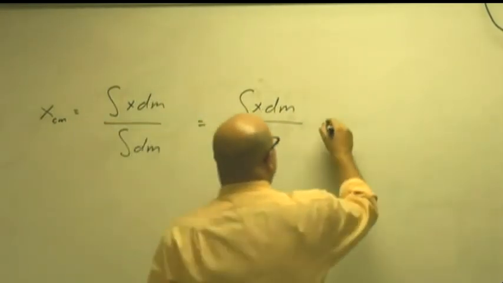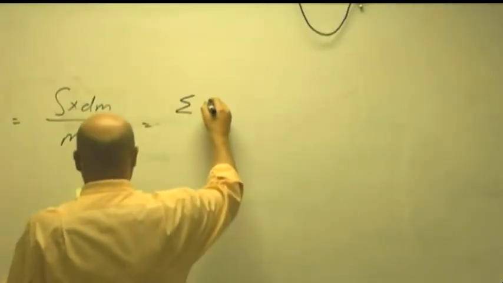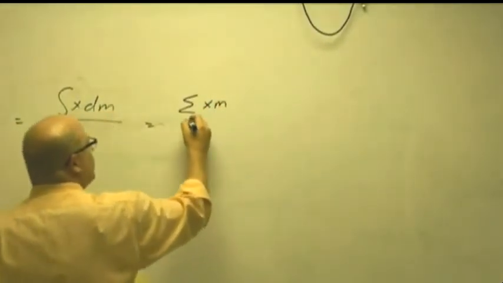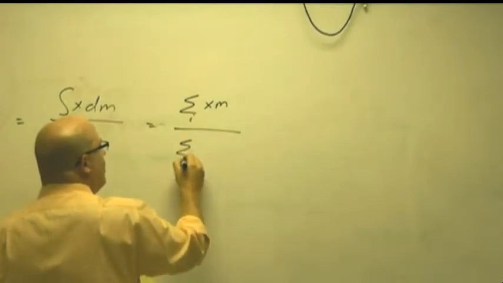Now, in summation form, it looks like this: the sum of the x m's over the sum of the m's.